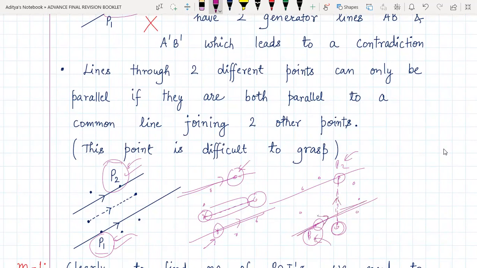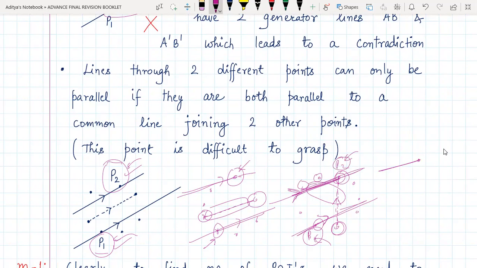But since it is also parallel to this line, these two lines must have been parallel, which is impossible because they both are passing through the same point P2. So if they are passing through the same point P2 and they also have to be parallel, it means they must be coincident, right? But this line cannot act as a generator line because I have already proved that this line cannot pass through any other point except P2.